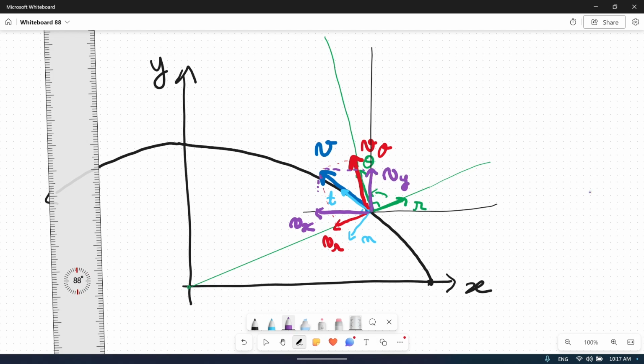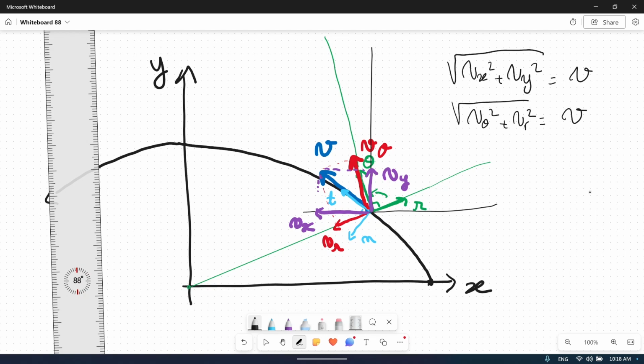Something that you have to remember is we always have vx squared plus vy squared, and I take the square root, that is equal to the magnitude of v. You also always have v theta squared plus vr squared, that will equal the magnitude of v. And your v tangent is always your v, because v is always tangent to the path.